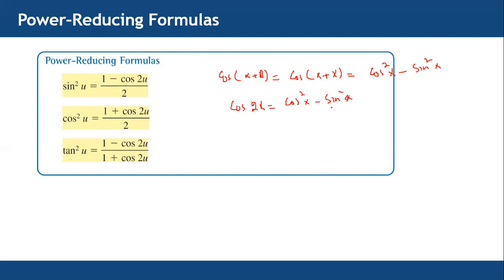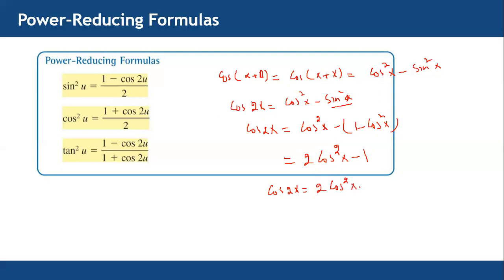If you replace sine square with 1 minus cosine square, cosine 2x equals cosine square x minus (1 minus cosine square x). Minus multiplied by minus gives plus, so this means we have 2 cosine square x minus 1. So the last result is cosine of 2x equal to 2 into cosine square x minus 1.